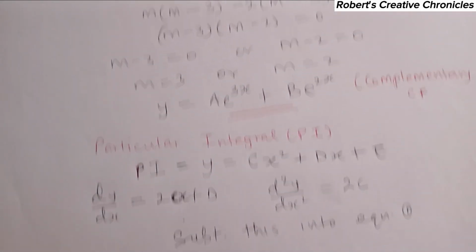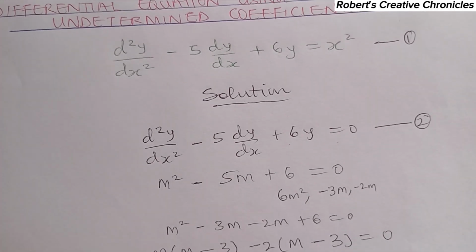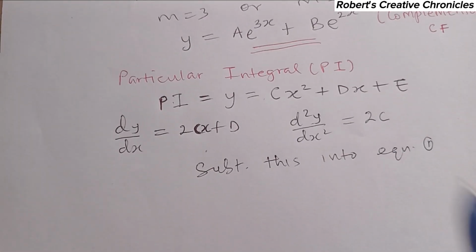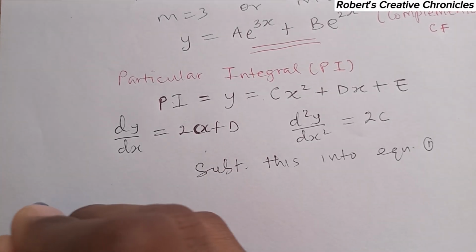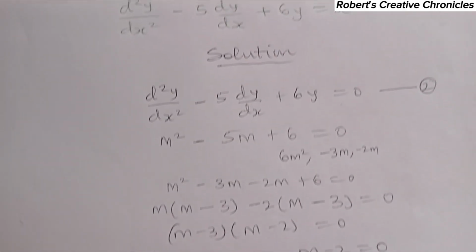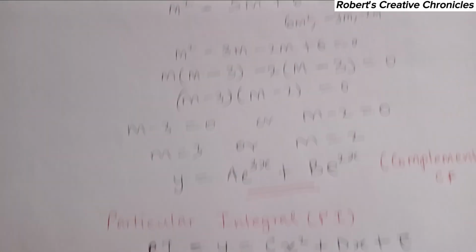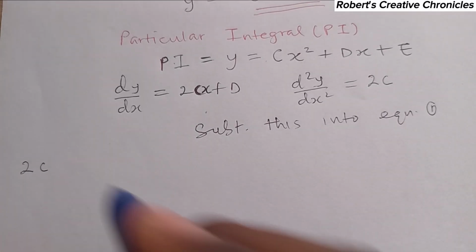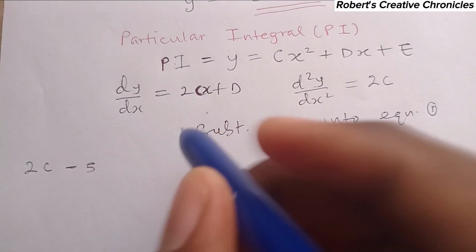So we'll substitute this, and this into equation 1. So let's do this. The second derivative d squared y over dx squared will be 2c, then minus 5 dy over dx. So minus 5, where is the dy over dx?